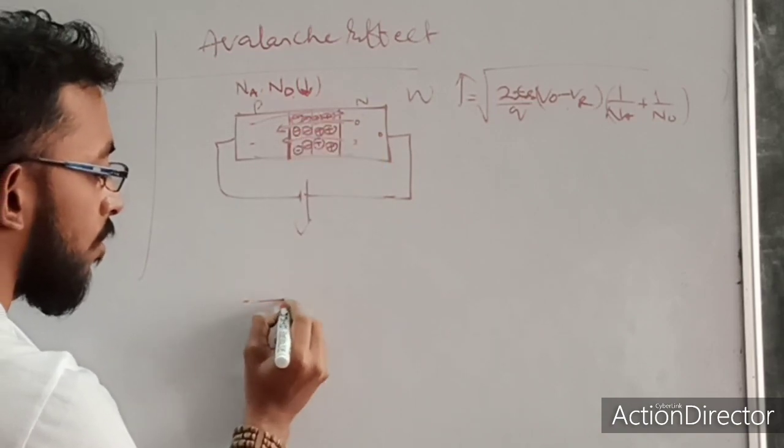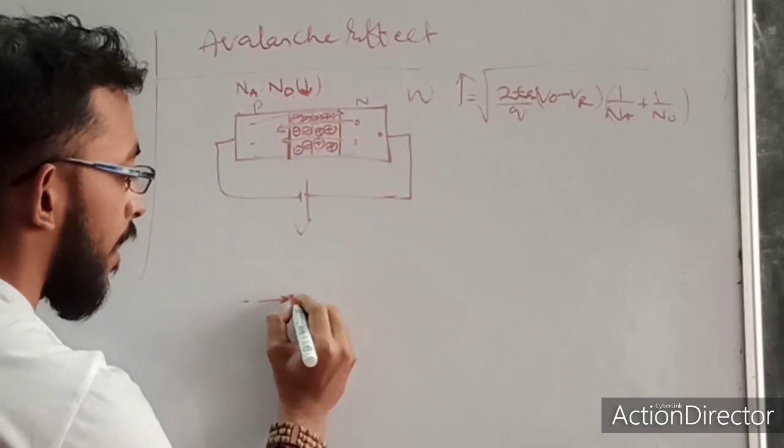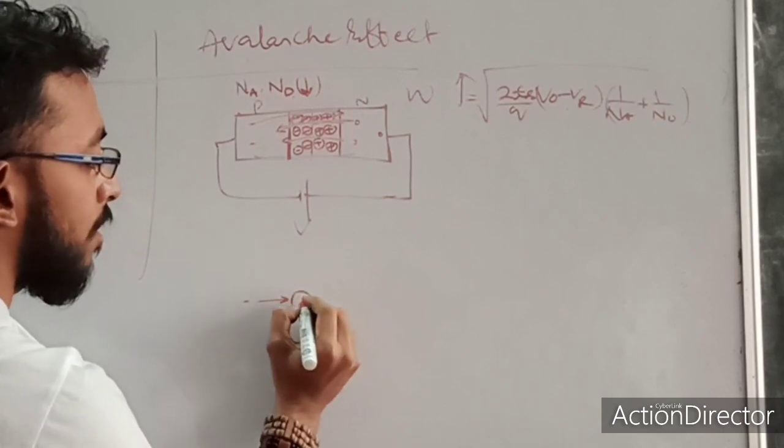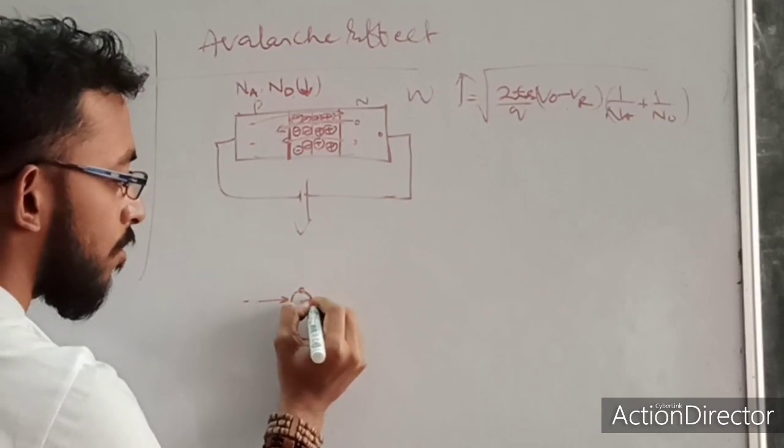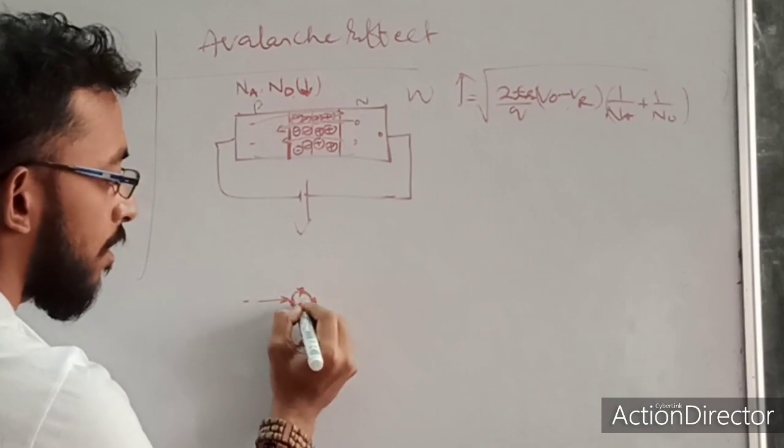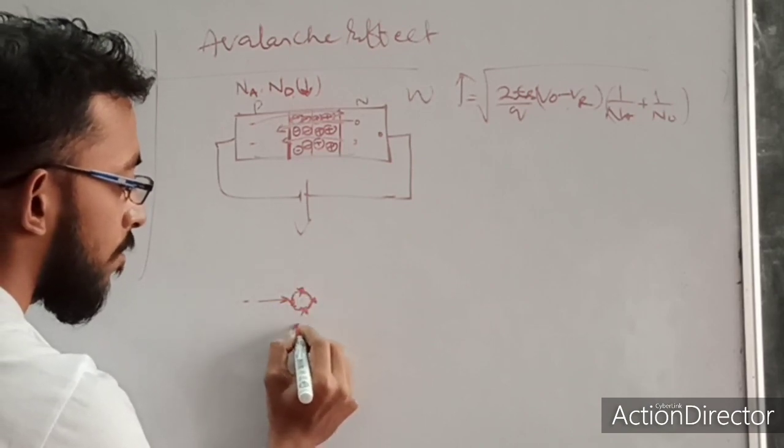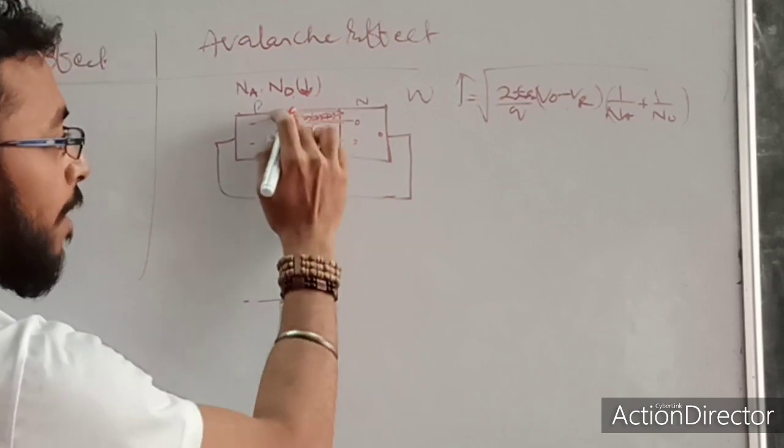The bound charges means there are electrons present at the outermost shell of the atoms.